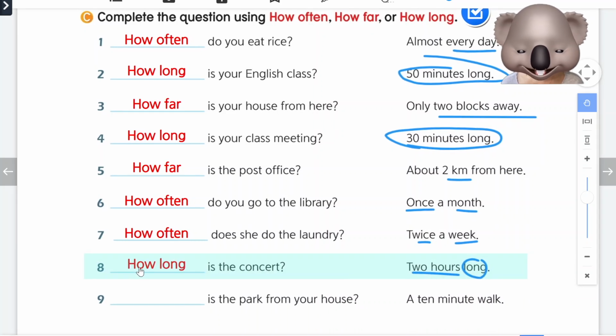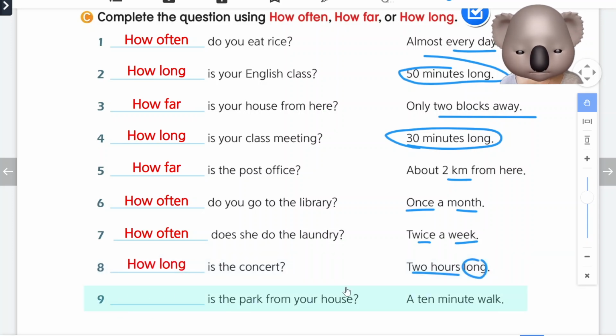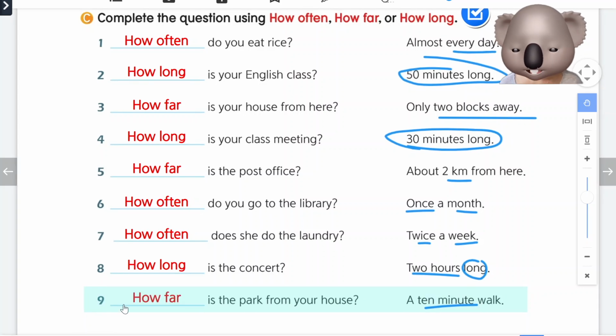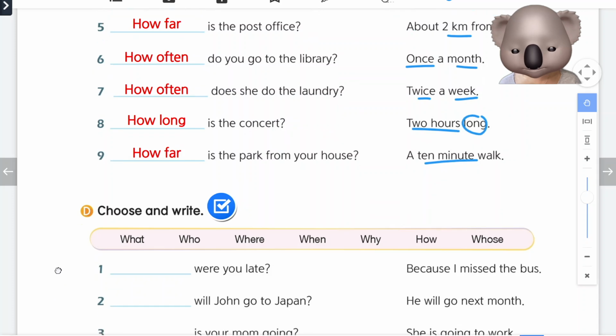How long is the concert? And number 9, is the park from your house? A 10-minute walk. 여기는 시간이 나오지만 거리에 대한 질문이라서 How far is the park from your house?